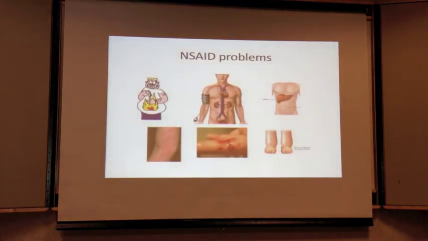But the NSAIDs may have side effects, ranging from a burning stomach to an actual stomach ulcer, changes in kidney function and increased blood pressure, liver reactions, rashes, hives, asthma, increased bleeding, especially when people take Coumadin, also called warfarin, or Plavix, and also increased fluid retention called edema.